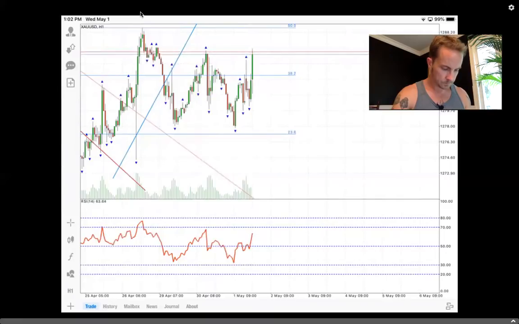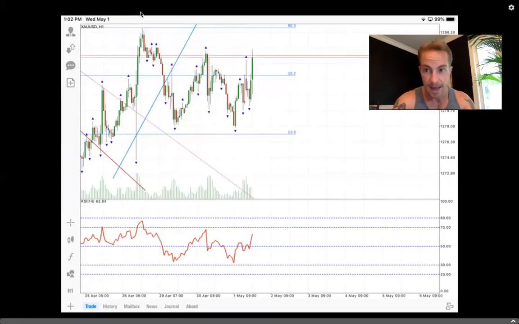Dollar Swiss is tanking. All right, so let's see.